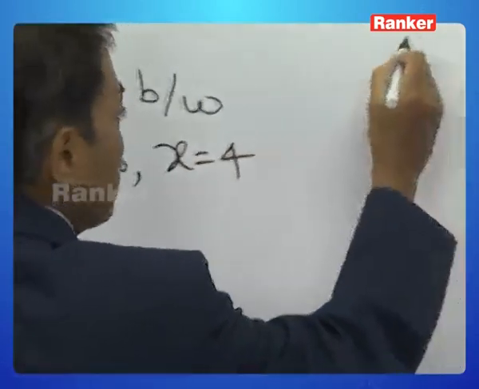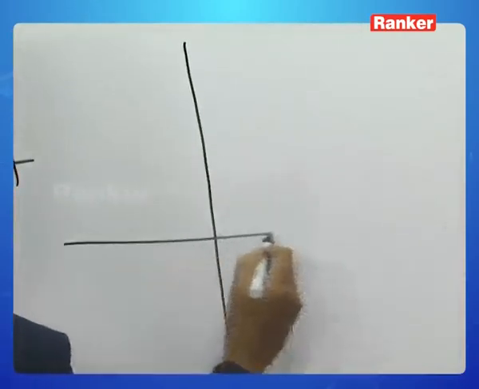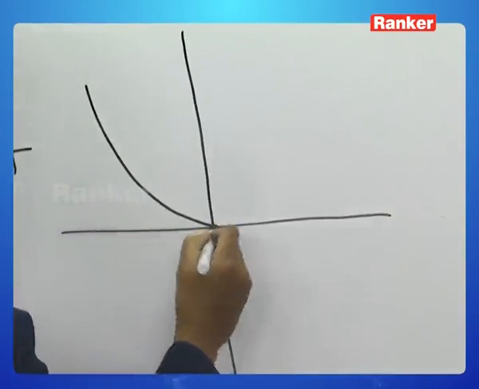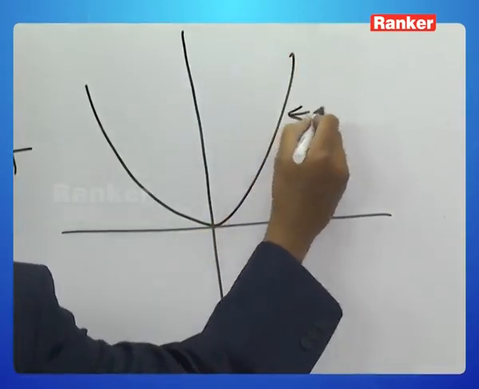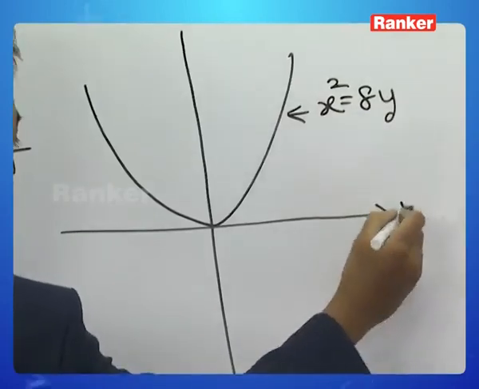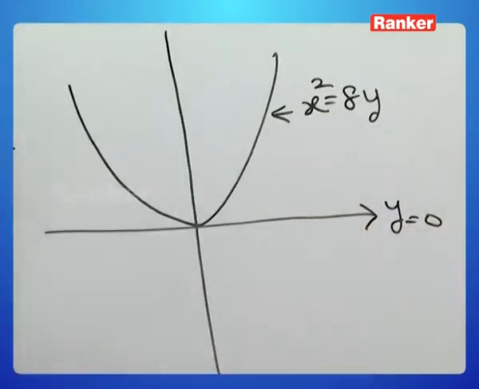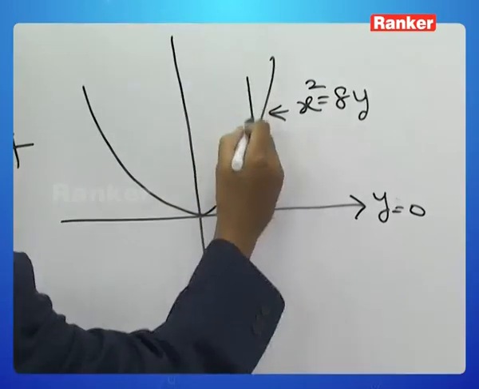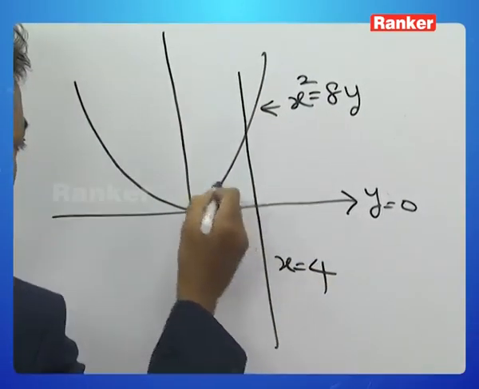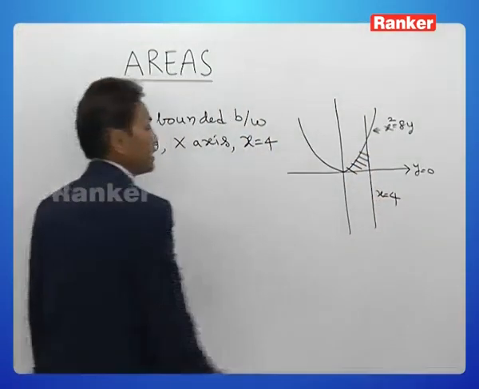Let us see the diagram, solution diagram. So, this is very clear. X square means vertical parabola, 8y, and this is your x-axis and one ordinate x is equal to 4, vertical line. Now, area bounded between these two, this is the required area.